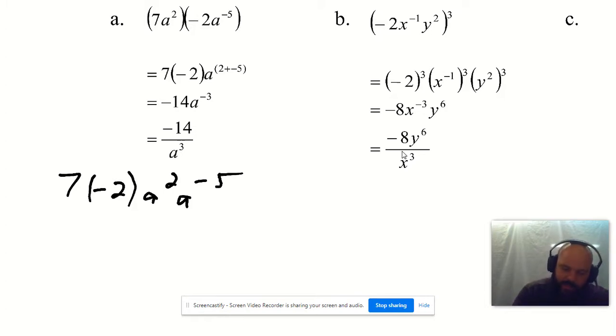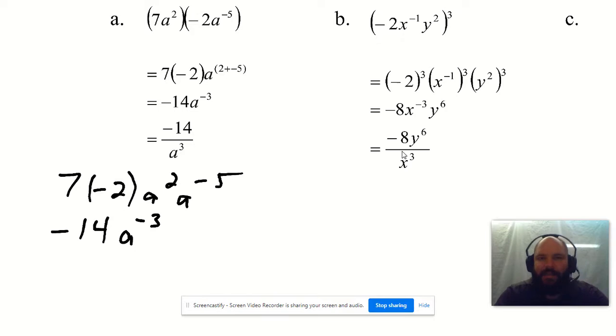Now, the next thing we would do is multiply the 7 times negative 2, which turns into negative 14. Then we use the property that says if the bases are the same, we can add their powers. So we have 2 plus negative 5, which turns into a to the negative third power. Now, the last thing: when you are simplifying these expressions, you are not allowed to leave a negative exponent.